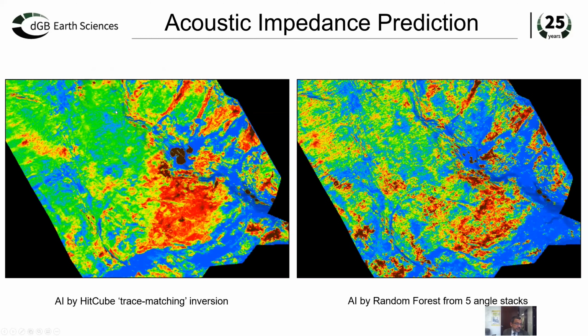Some have a preference for one or the other. This is the hit cube inversion slice of the acoustic impedance over the whole 3D, and this is using the 5 angle stacks and random forest deep learning to get these results. And you can see a lot more details in there.